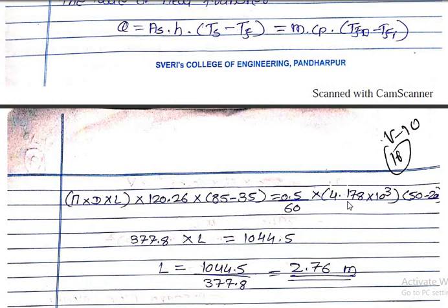Here we have to convert it into joule per kg Kelvin, so we multiply by 10 raised to 3, and Tf naught, the outlet fluid temperature, is 50 and the inlet fluid temperature is 20.